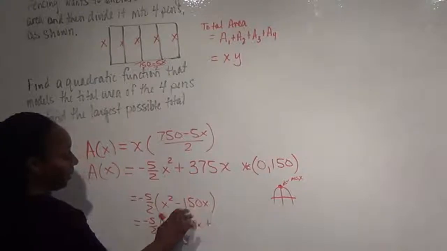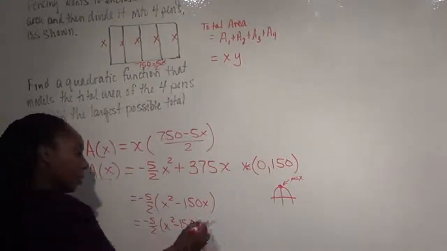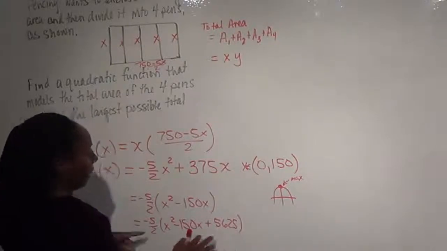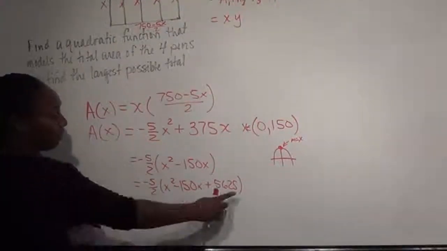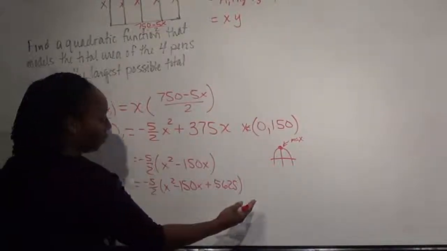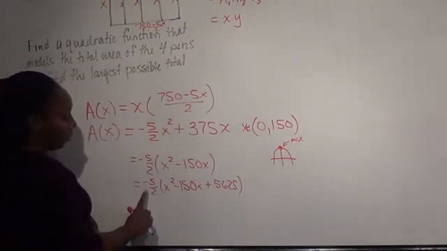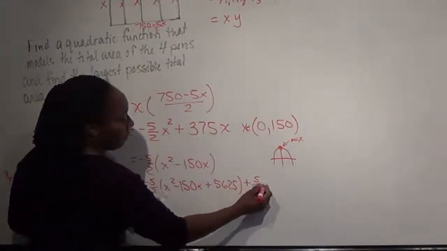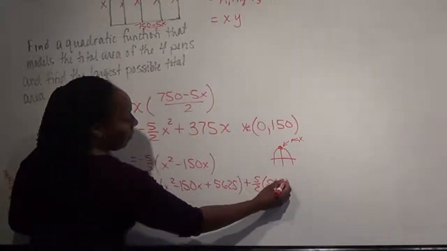So it looks like 1/2 of that is going to be 75, squaring that. And again, I can't change my problem, so whatever I did in here, I need to make sure that I multiply and change the sign on the outside. So we have a -5/2 times this, so I'm going to have +5/2 times the 5625.